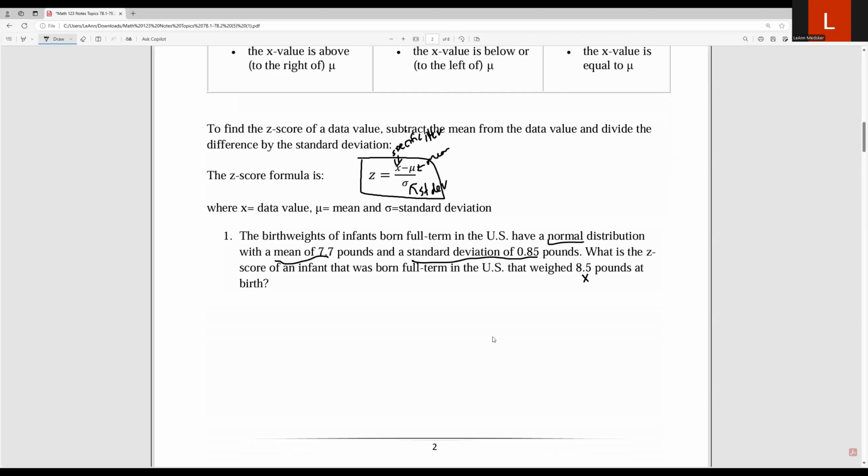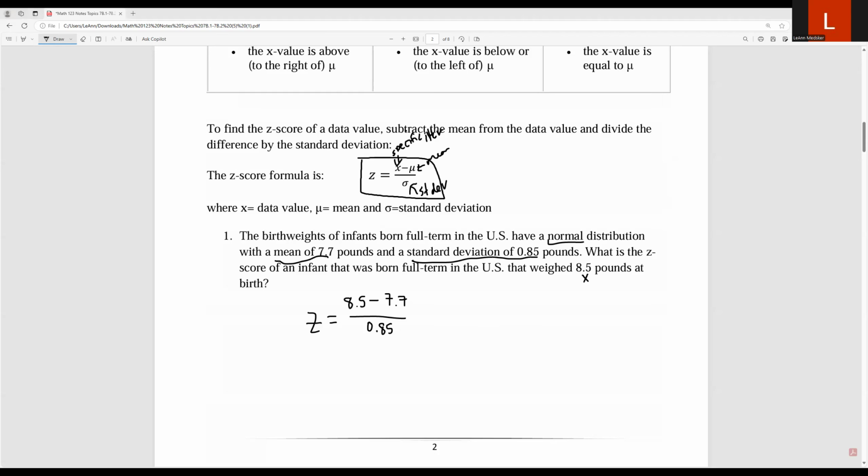So this is my X. This is my specific child that I'm comparing to all of the other children in the world that were born in the US. So Z equals the specific weight of the child in question minus the average weight of all those babies divided by the standard deviation or spread of those weights from the mean.